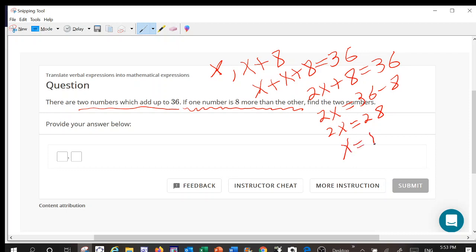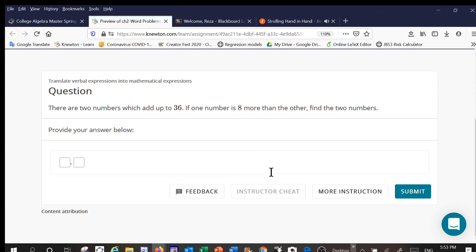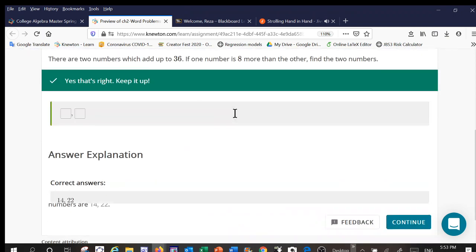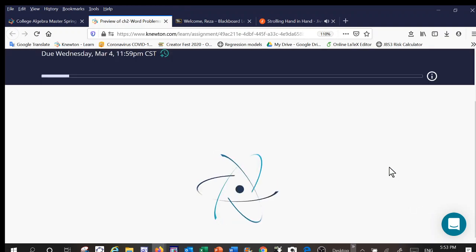So x equals 14. So if this is 14, then the other one has to be 14 plus 8. So those are our two numbers. That's how you find them. So 14 and 22, right? All right.